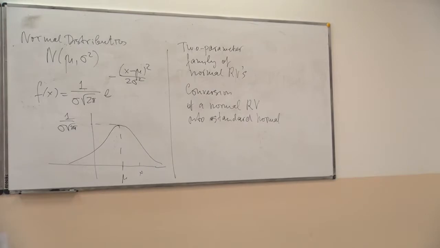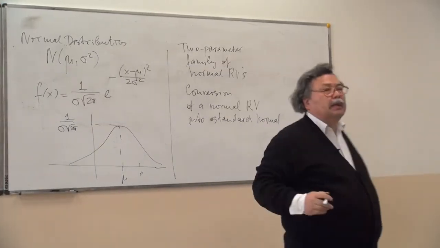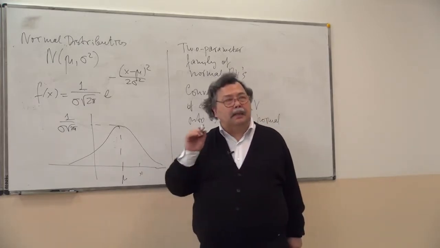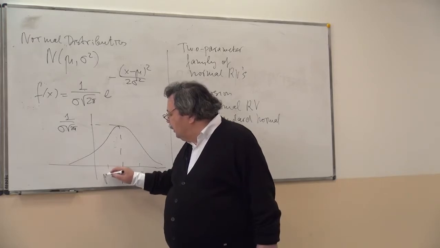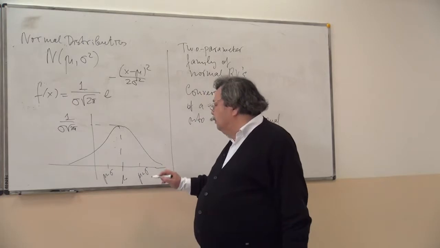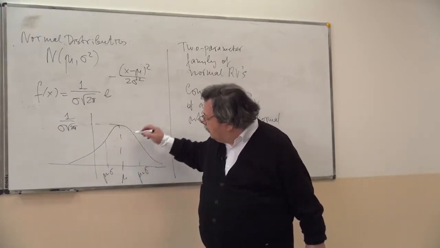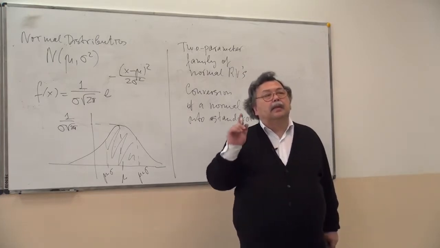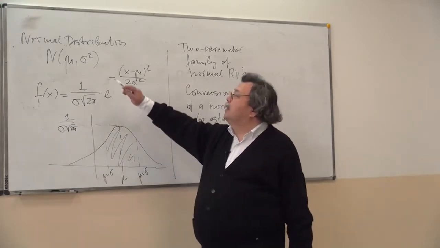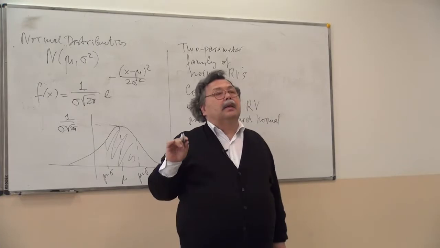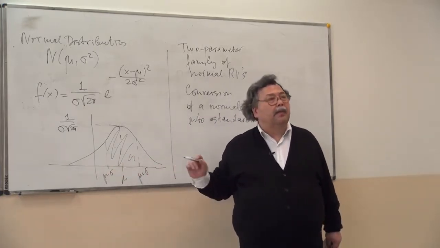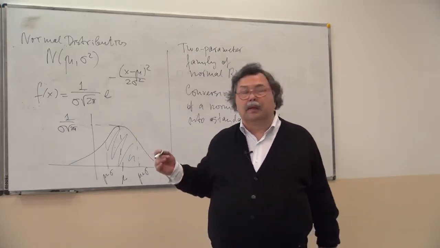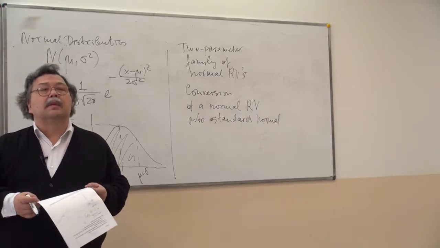All right, what do we mean by this? It was noticed, and it can be proved quite rigorously using this formula, that if we look at the probability that x gets within the interval from mu minus sigma to mu plus sigma, and this probability is represented by this area on the graph, it turns out that for any normal random variable, with any value of mu and any value of sigma, this probability is just a constant number.